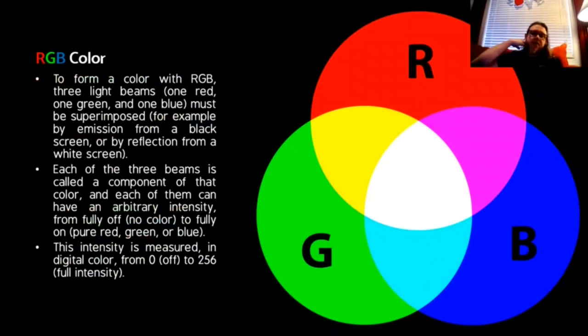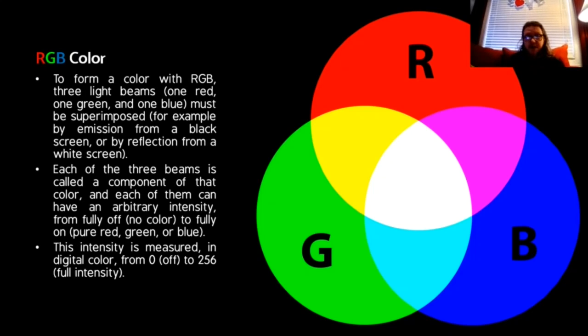So to form a color with RGB, you need 3 light beams. And so on the screen that you're looking at me on right now, every single pixel that you see is being created through 3 light beams: 1 red, 1 green, and 1 blue. They have to be superimposed, for example, by emission from a black screen, right?